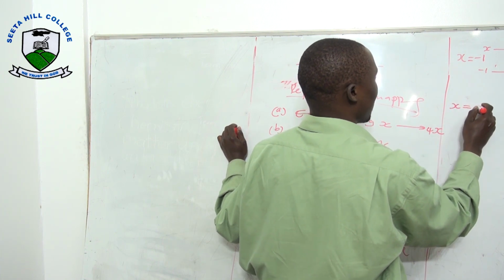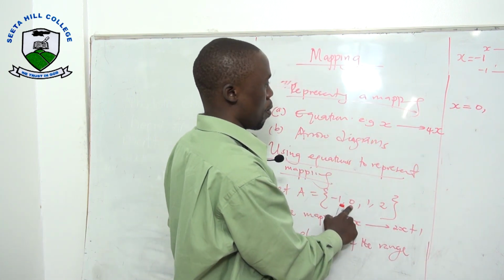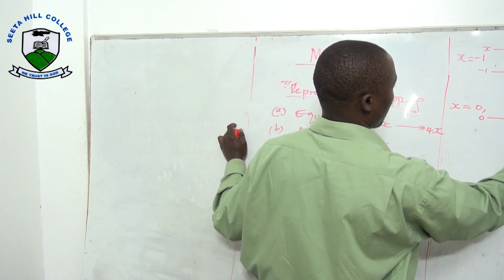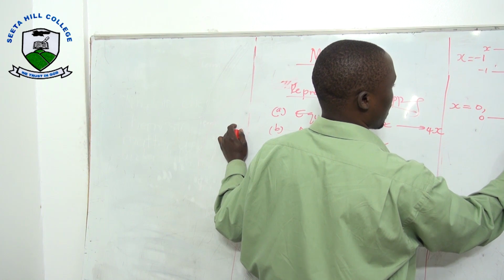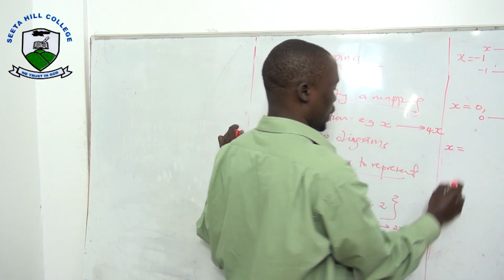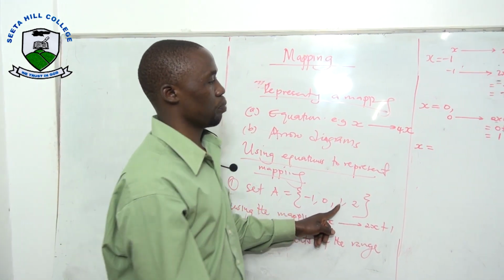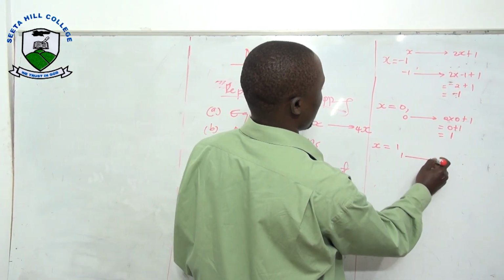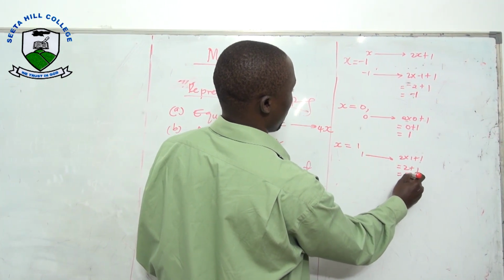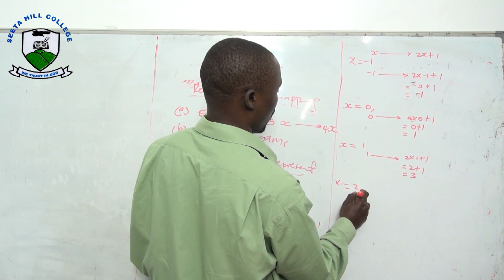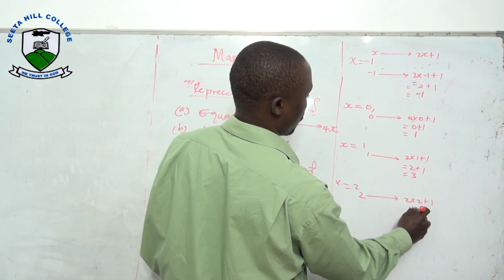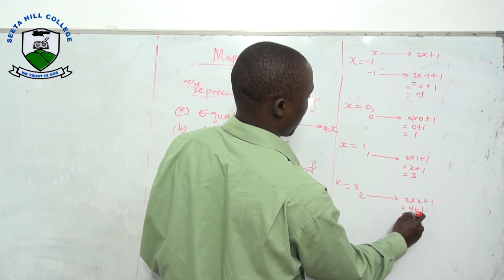Then the next x value is 0. 0 gives us 2 times 0 plus 1, which is 1. When x is 1, 1 gives us 2 times 1 plus 1, which is 2 plus 1, 3. When x is 2, we get 2 times 2 plus 1, which is 4 plus 1, giving us 5.